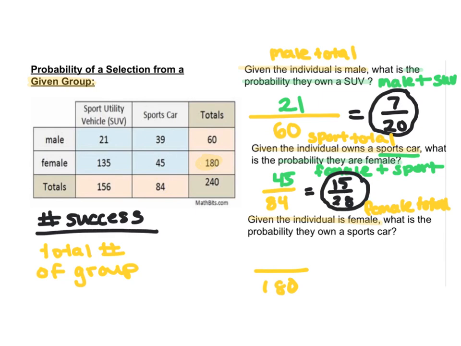It says, what is the probability they own a sports car? So it's asking for the number that are female and own a sports car, which looking at the table, a female and sports car is 45. So if I simplify the 45 over 180, it gives me a value of 1 over 4.